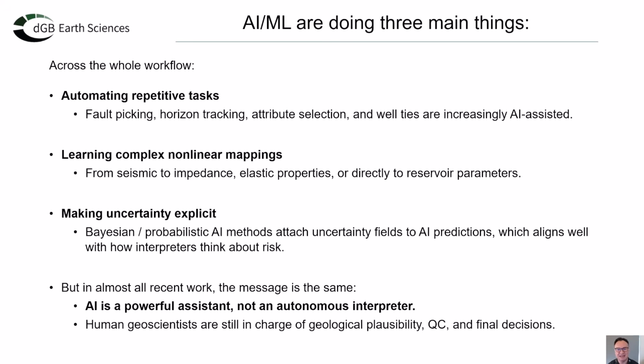So AI and machine learning are really doing three main things in our industry. And across the whole workflow, they really are boiling down to these three items, which are automating repetitive tasks, such as fault picking, horizon tracking, attribute selection, and so forth, learning complex nonlinear mappings, going from seismic to impedance, elastic properties, or directly to reservoir parameters, and making uncertainty explicit, using Bayesian and probabilistic methods, where we attach uncertainty to AI predictions.